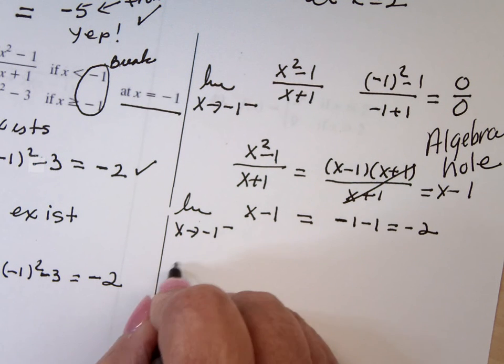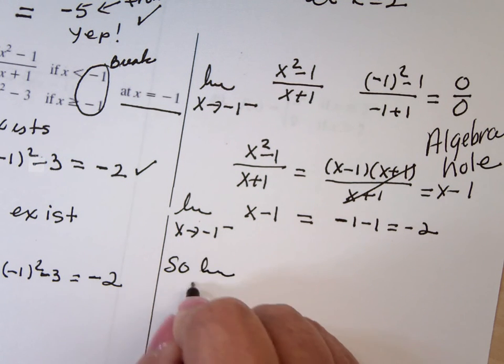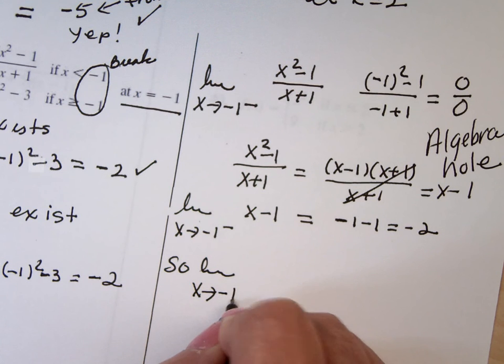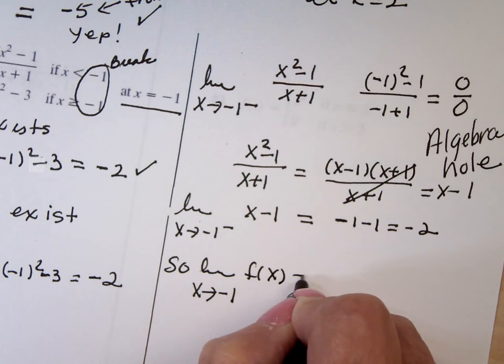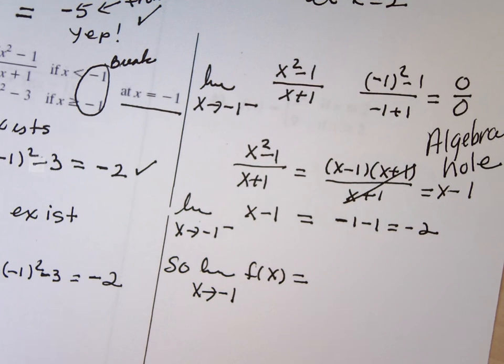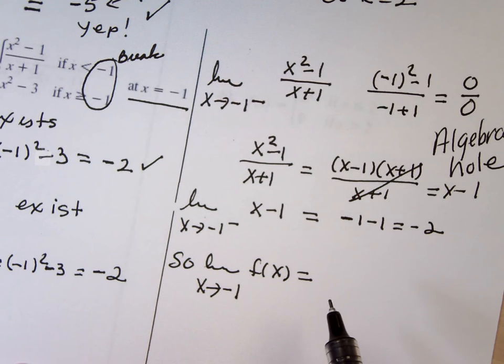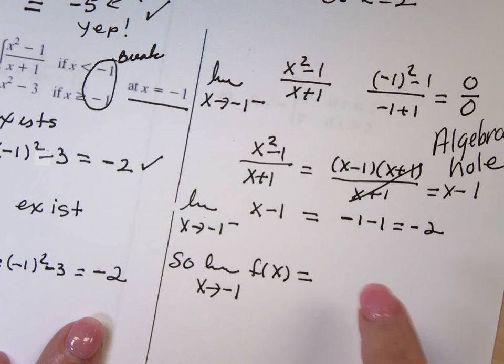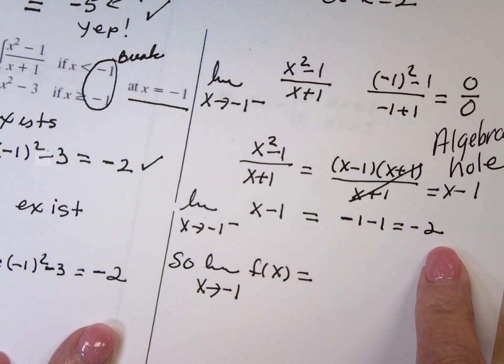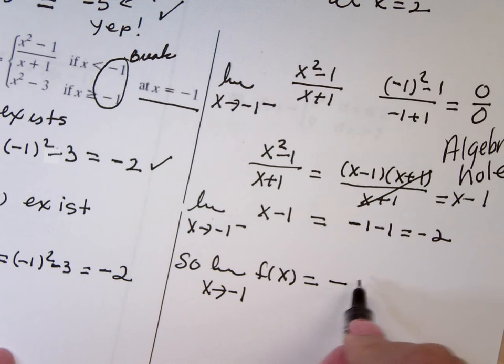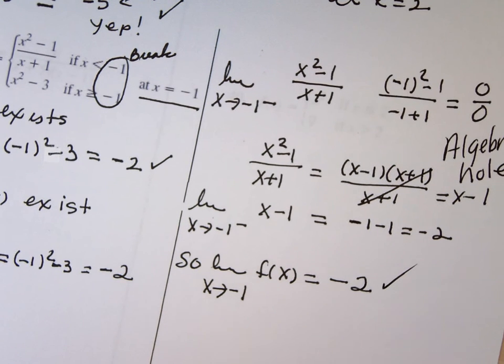So the limit as x approaches -1 of f of x is what? From the right, it's -2. From the left, it's negative 2. So does the limit exist? Yes. So what do I know about the two graphs? They meet.